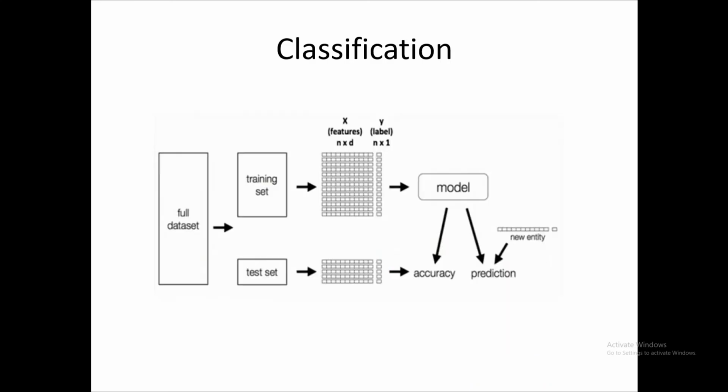The classifier will take all the data and summarize it in some way, and then it will spit out a model that summarizes the knowledge of how to recognize these different object categories. So here we have the dataset, and we divide it into a training set and a test set.